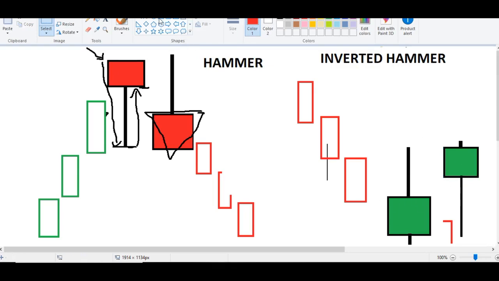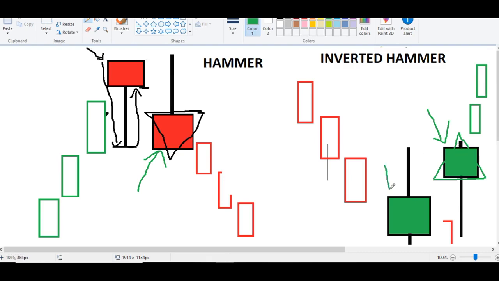This is a very, very good sign that price may reverse from here and start to move higher. Okay, again, keeping this arrow in mind, right? So this signal in a downtrend and this signal in an uptrend are very, very strong signals, right?